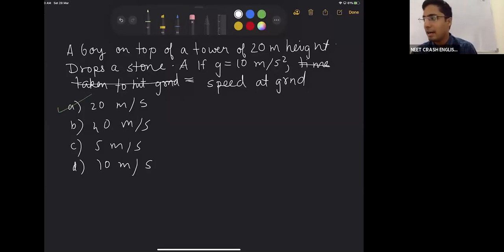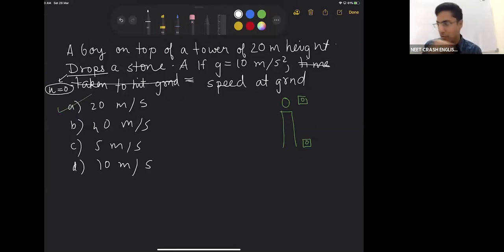The way to do these problems is to identify the variables given. So you have a tower, you have a boy on top, which basically has a stone. The stone's initial position is here, final position is here. Now, whenever you say drop, that means U is 0, because when you're dropping, you're not going to throw. There's also a formula to this, but I'm going to go through the basics.